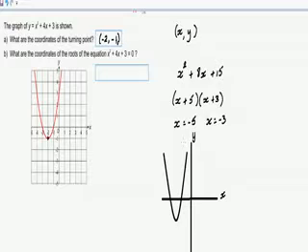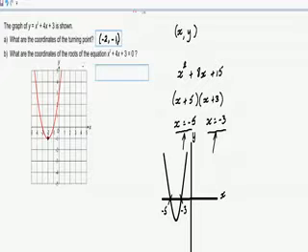And by working this out, you will see that when you draw it, the line will cut the x-axis in two places. It will cut the x-axis at -3, and it will cut the x-axis at -5. Okay, so this is what the roots are. It is where it cuts the x-axis.